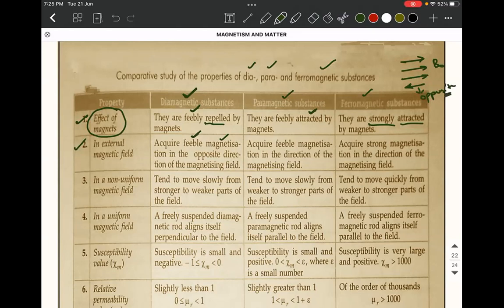Whereas paramagnetic and ferromagnetic substances will acquire magnetization in the direction of the magnetizing field itself. In the case of paramagnetic, it is feeble, whereas in the case of ferromagnetic, it will be a strong magnetization.